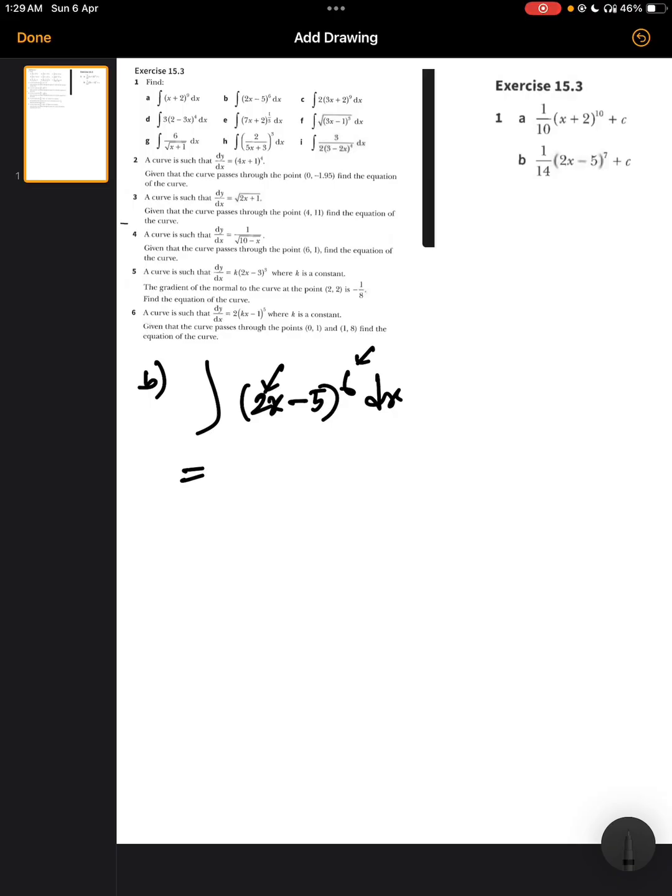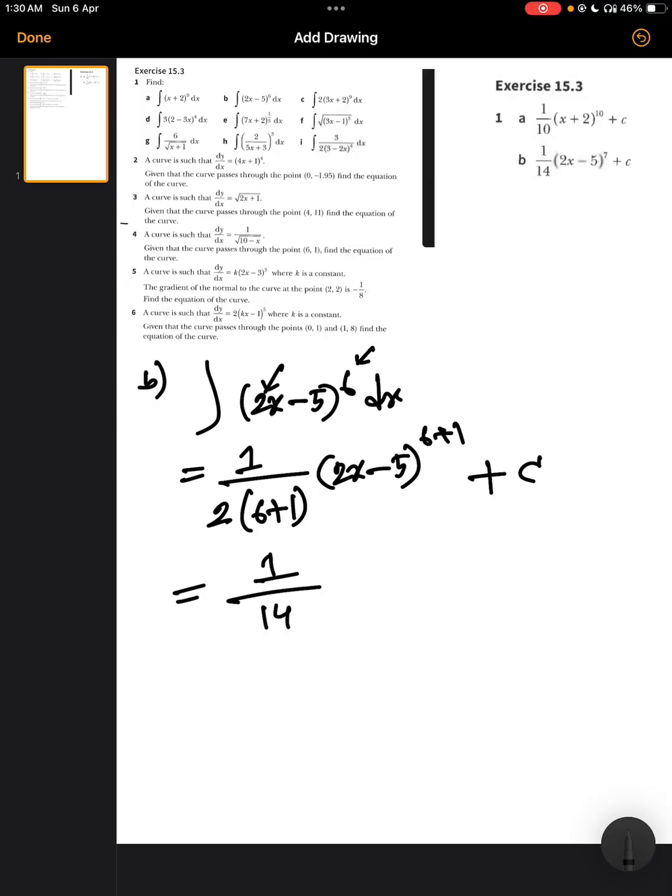So 1 over a, which is 2, times (n plus 1), times (2x minus 5). Here b is -5, so keep it this way, to the power 6 plus 1, plus c. So 1 over 14 times (2x minus 5) to the power 7 plus c. This is the result, and the result is absolutely correct here.